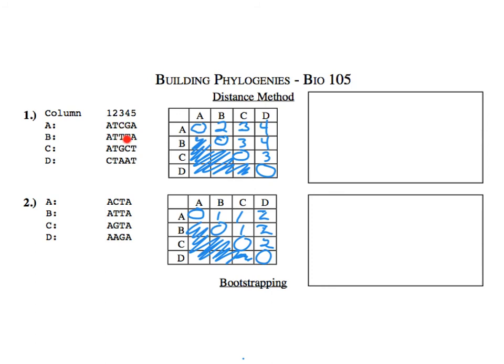There's a change, that's the second change. So the sequence distance between sequence A and sequence B is 2 nucleotides different. Because B does not have C and G? Correct. So there's a difference there, and a difference there between A and B. So there are 2 sequence differences, so their distance is 2.